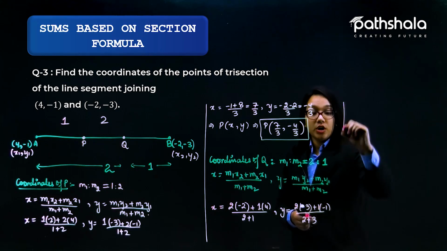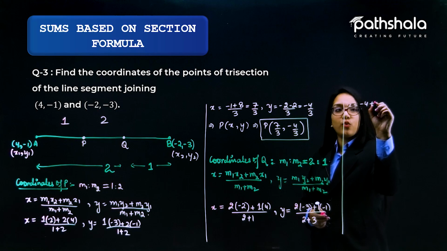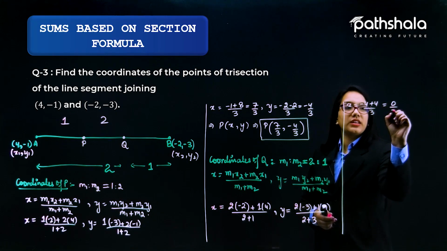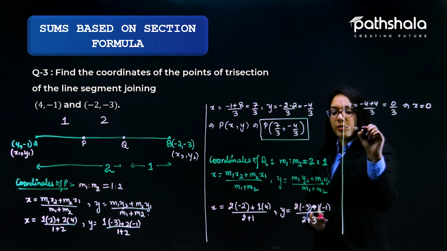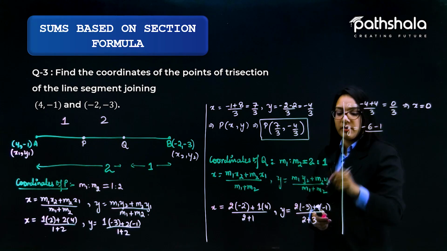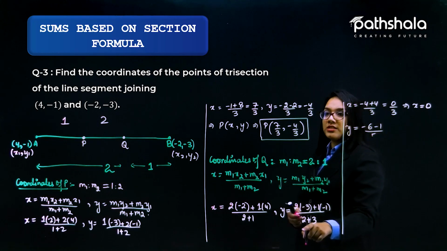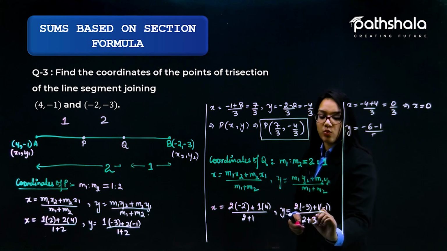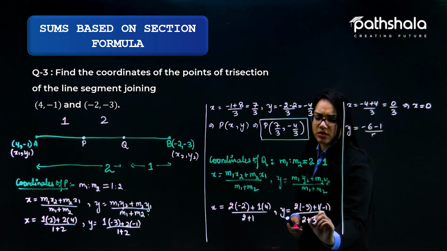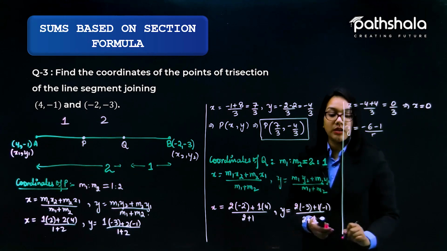Now let's sort it out. x is minus 4 plus 4 divided by 3, which is 0 by 3, so x is 0. And y is minus 6 minus 1 divided by... sorry, the denominator is not 5, it is 3, because M1 and M2 are 2 plus 1, which is 3.